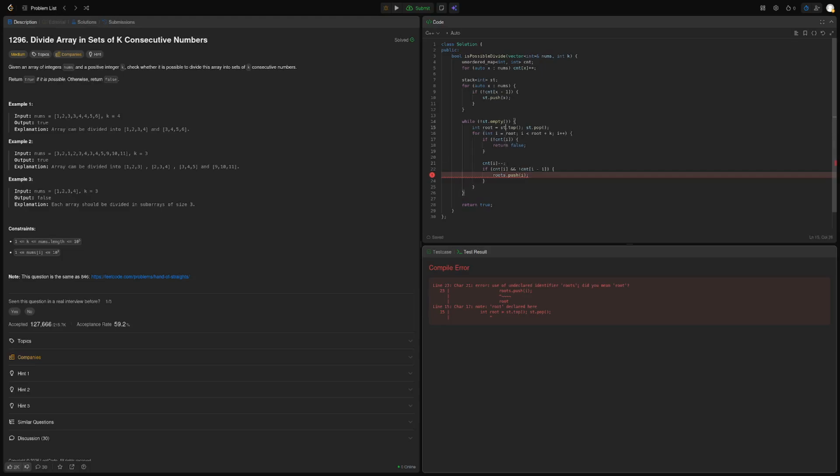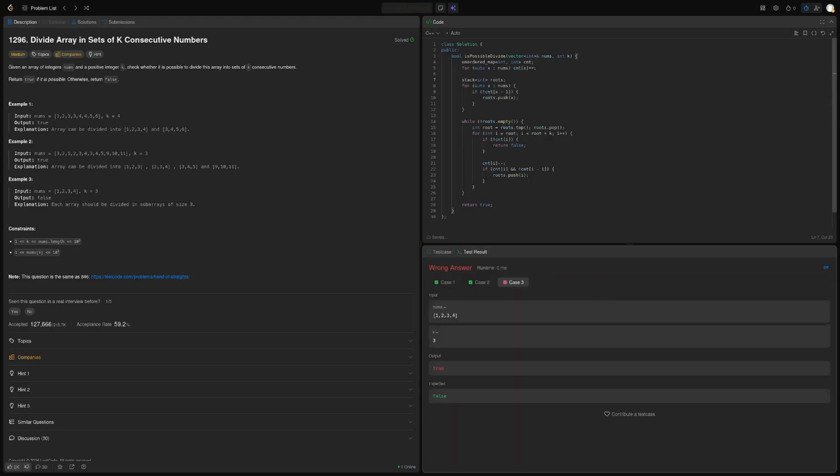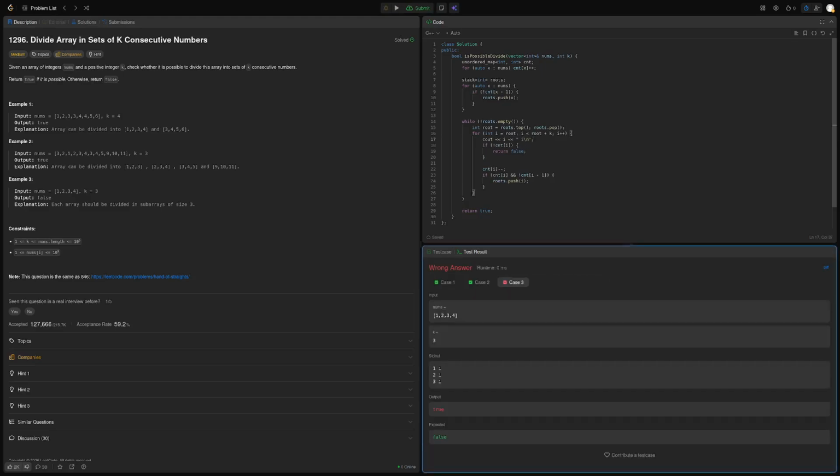Okay, maybe I could call it roots, but this didn't work. Let's see, so 1, 2, 3, i.